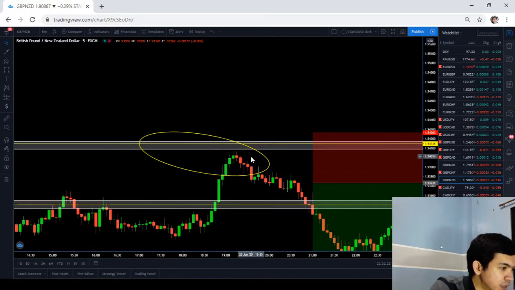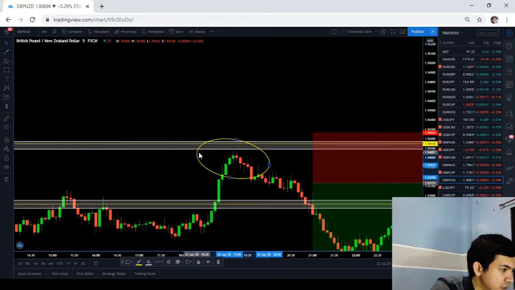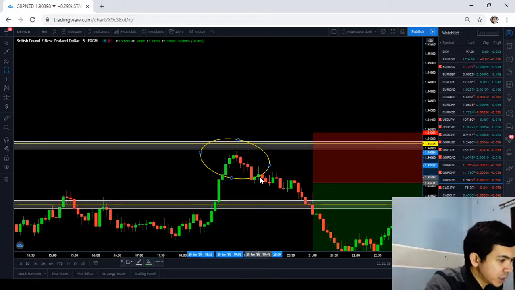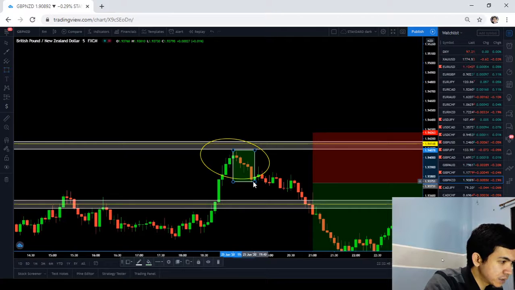Alright. Okay. So we can see here that this candle, there's already an indication that what? See this engulfing? Diba? Plus, you see this? Alright.